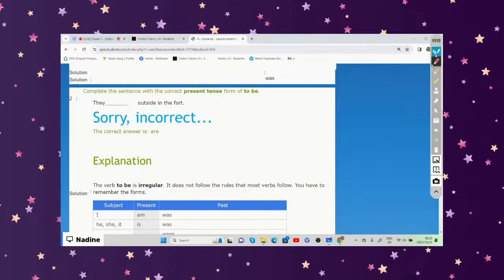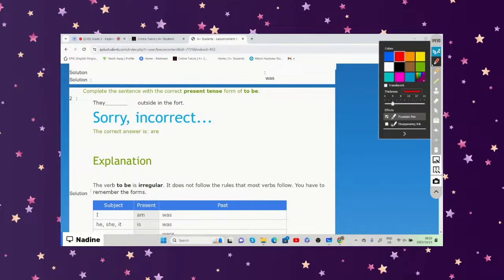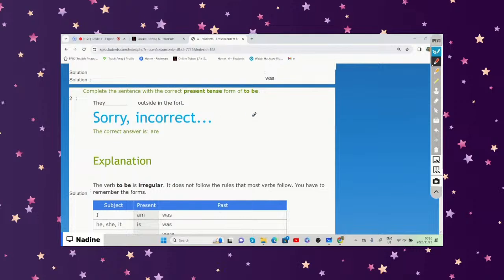So we need to choose either they are or they were. We need to choose the correct one.